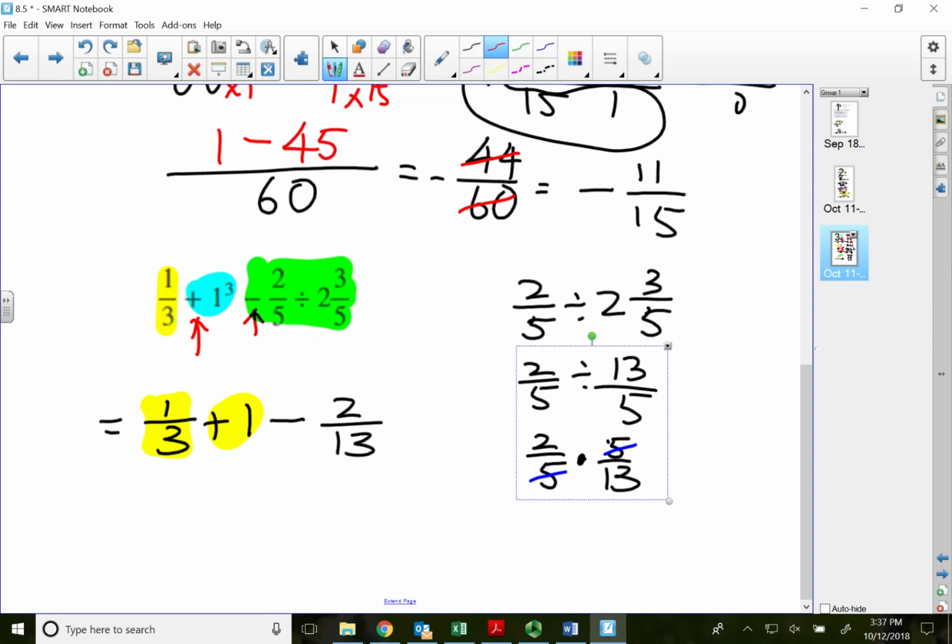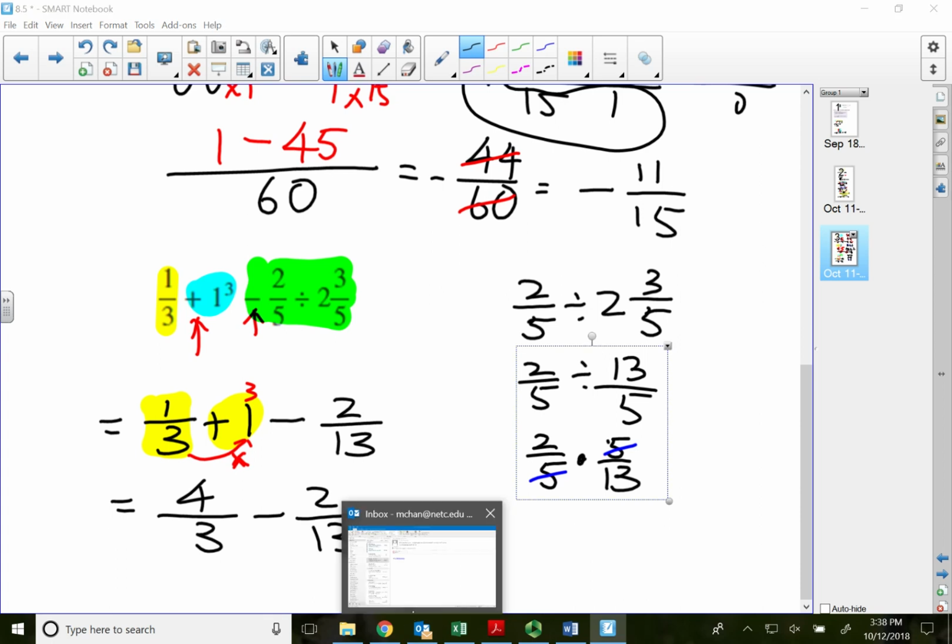It just speeds up the process a little bit. So we take 3 times the 1, which is 3. So now the 1 on top plus a 3 gives me 4. LCD is still 3. So 1/3 plus 1 is 4/3. Now minus 2 over 13.